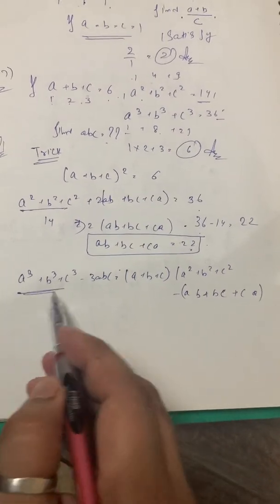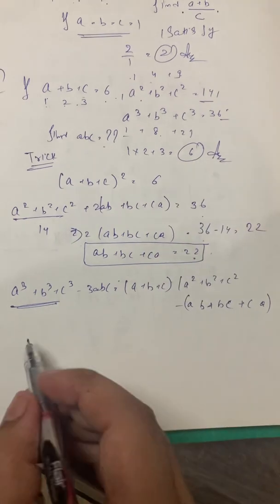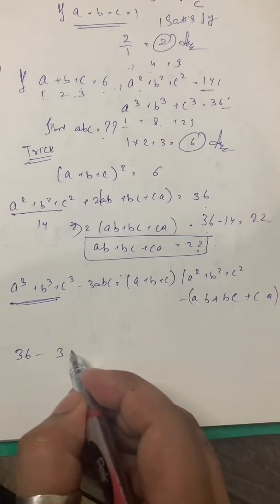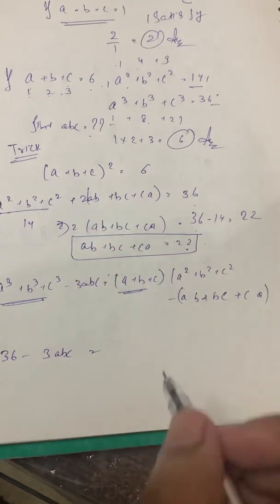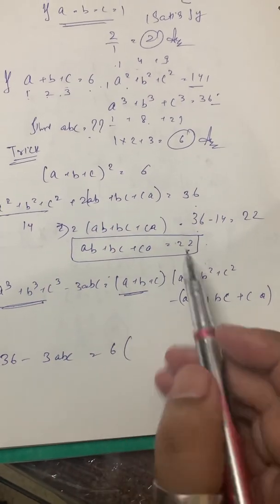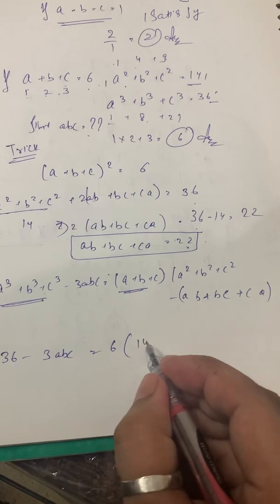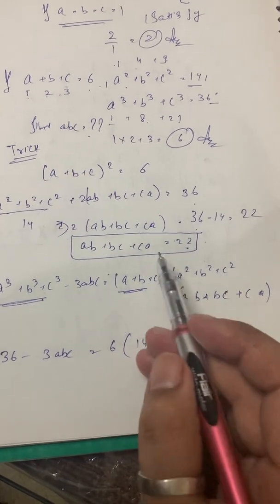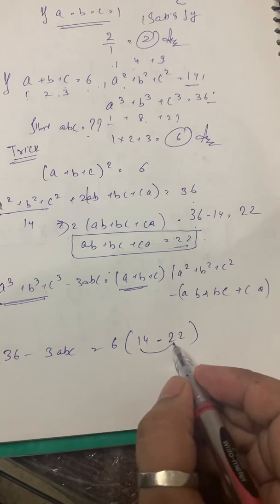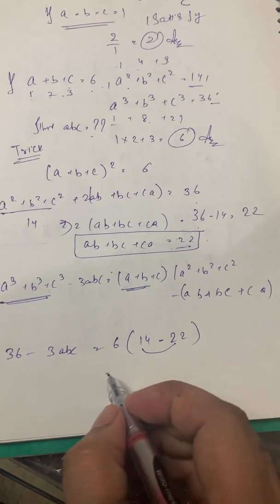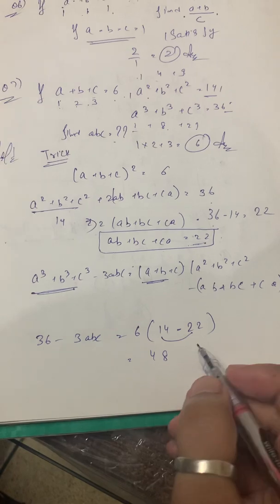So this value is given, 36 minus 3abc. abc we need to find, and a plus b plus c was 6. a square plus b square plus c square is 14 minus ab minus bc minus ca, this I solved here as minus 22. 14 minus 22, and 6 times 8 is 48, that is minus 48.